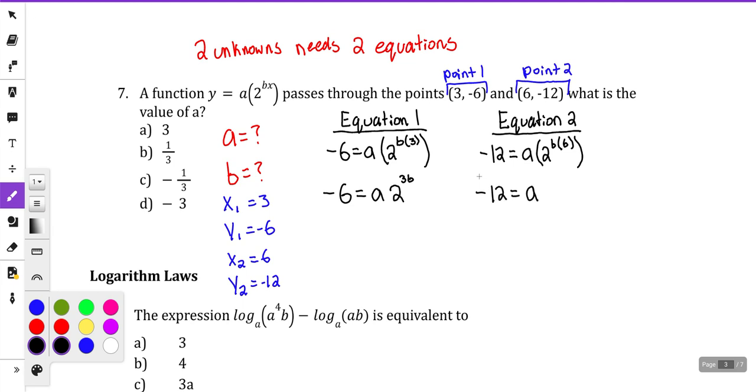So instead of the letter going first, the number's going first. It'd be 2 to the power of 6b. Just making it look nicer, that's all. Okay, doing all right?